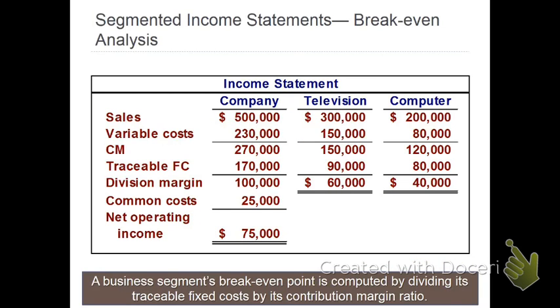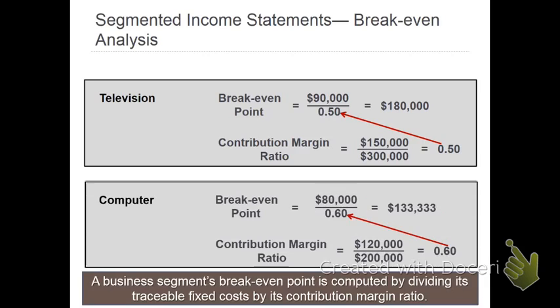So now we can also create the segment's break-even point by dividing its traceable fixed costs by its contribution margin ratio. We can do it for television, and we can do it for computer, and we can see that the television break-even point is 180,000 and the computer is 133,000.